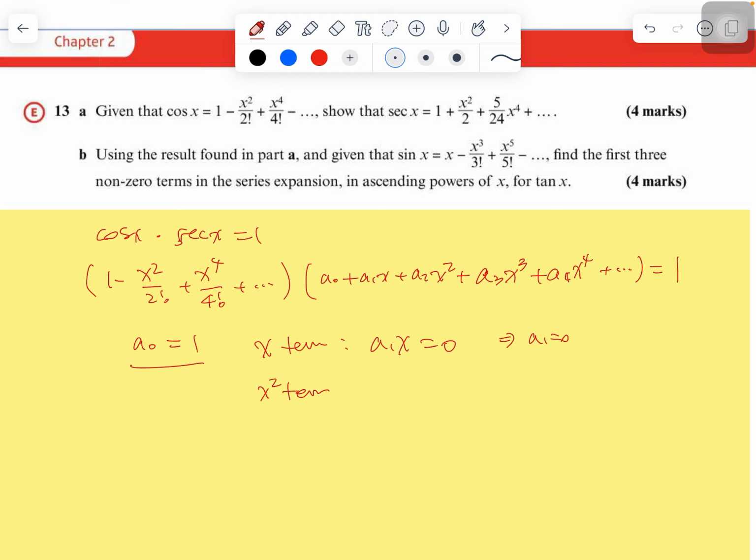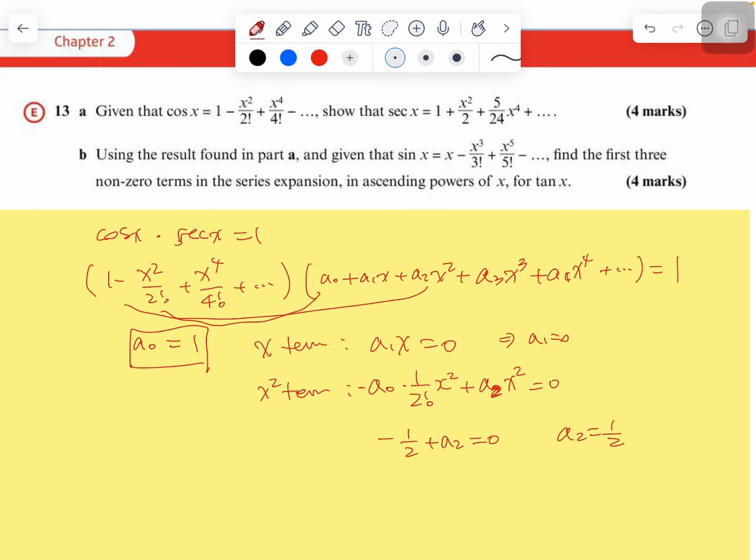The x squared term: a0 times negative 1 over 2 factorial x squared plus a2 x squared should be 0. We know a0 equals 1, so negative 1 over 2 plus a2 is 0. So a2 is 1 over 2. Now we know two of them.